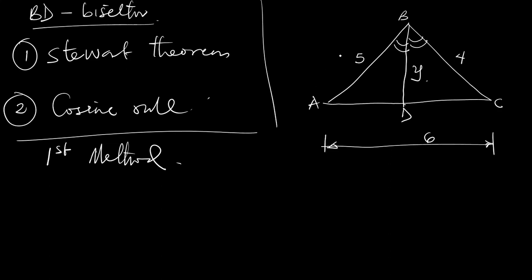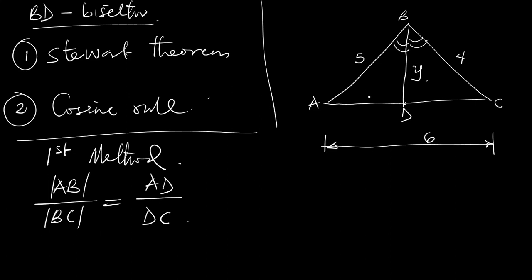now applying the bisector theorem, where since BD is a bisector, then the ratio of AB all over BC is equal to AD all over DC.